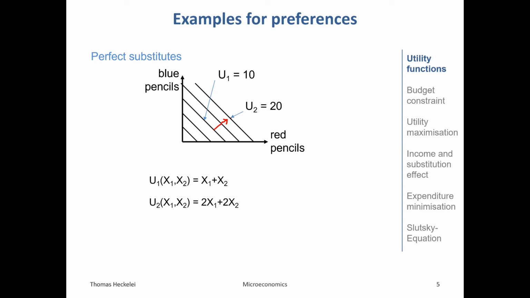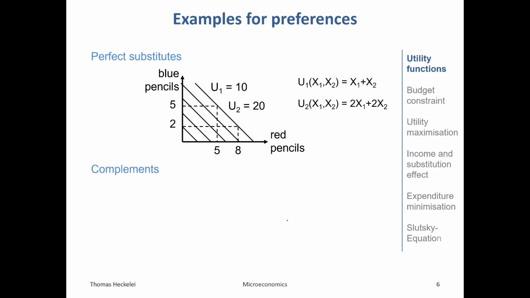And similarly, if instead of increasing we are decreasing, so U3 equal to 5, then U3 of X1, X2 will equal 0.5 X1 plus 0.5 X2. So if we decrease it, that means the indifference curve will shift inward, to the left-hand side, sorry.